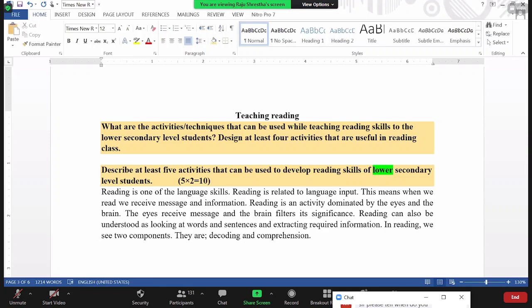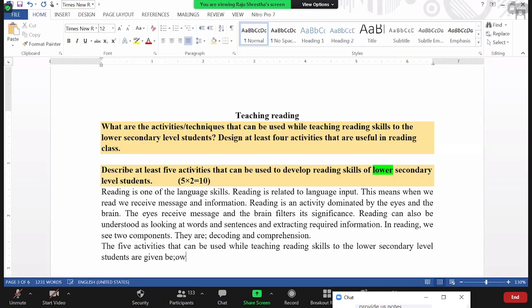Then 5 activities भनेको छ. The 5 activities that can be used while teaching reading skills to the lower secondary level students are given below भनेर जानु होला हैन त.